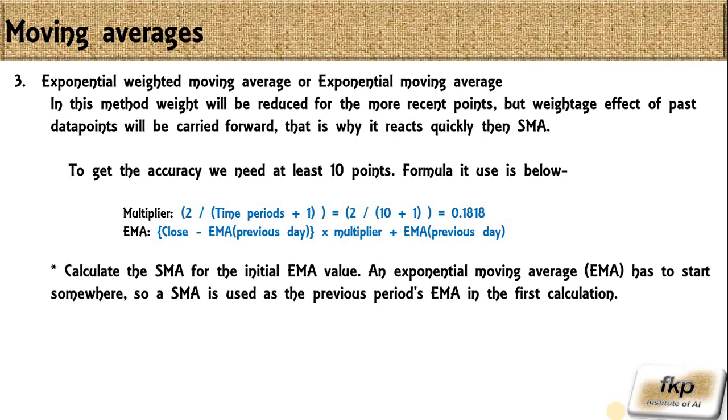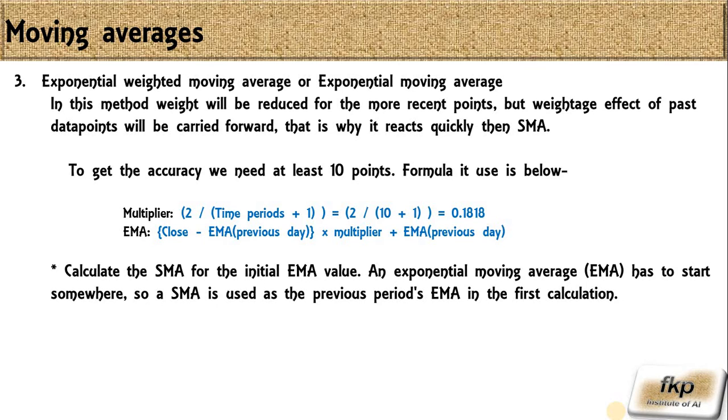So in this exponential weighted moving average, or exponential moving average, in this method the weight will be reduced for the more recent points, but the weightage effect of the past data points will be carried forward.